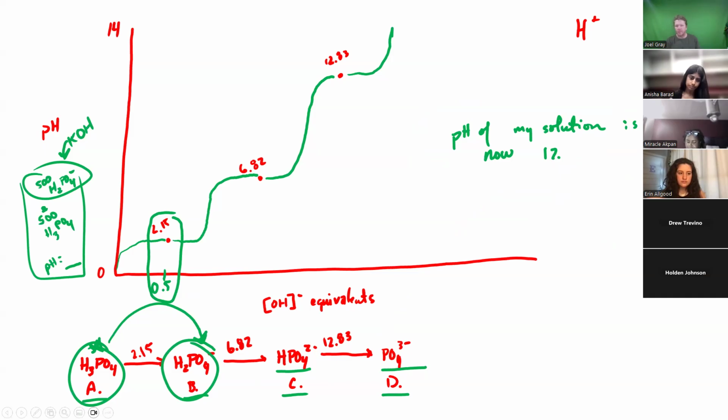I had 1,000 copies of H3PO4, and I added into this solution with a pH of 0. I slowly but surely added potassium hydroxide. My pH very gradually went up. The H3PO4 got converted to H2PO4 minus, which then got converted to HPO4 2 minus, which then got converted to PO4 3 minus. Let's say that the pH of my solution is now 12.95.